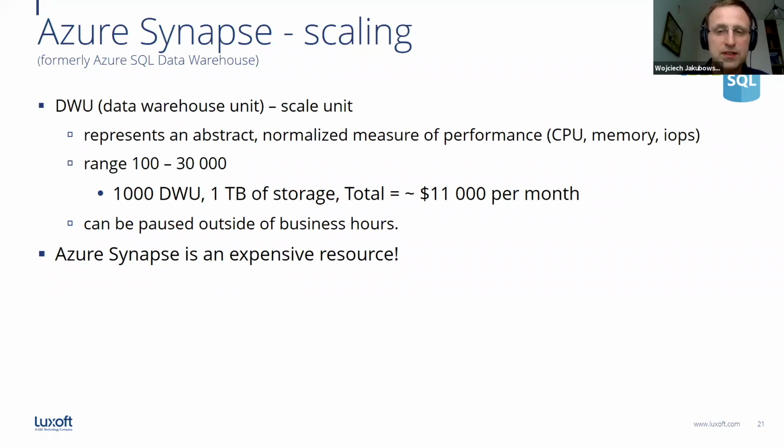For instance, a data warehouse with 1000 DWU and 1 terabyte of storage will cost you $11,000 per month in total. And the cost of the storage here will be $250, and the rest will go to DWU. So you can imagine how expensive a 30,000 DWU data warehouse will be, probably something around $500,000 per month.